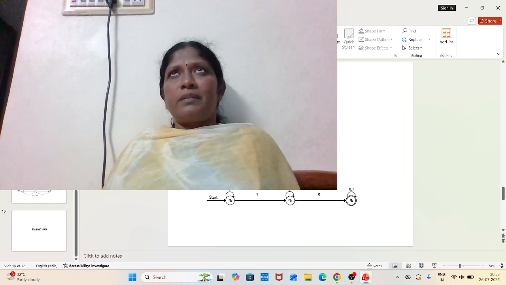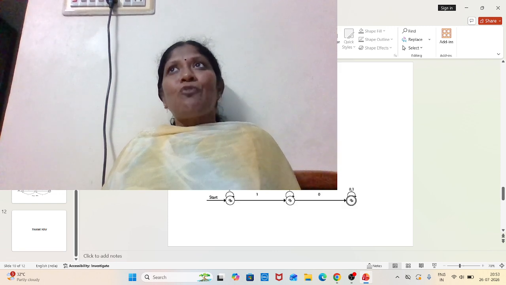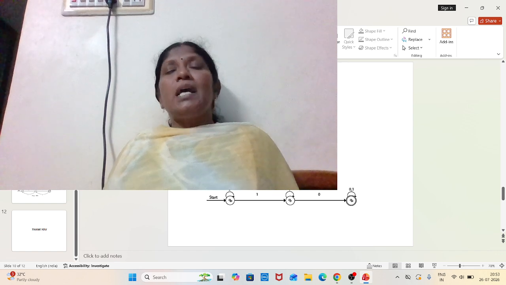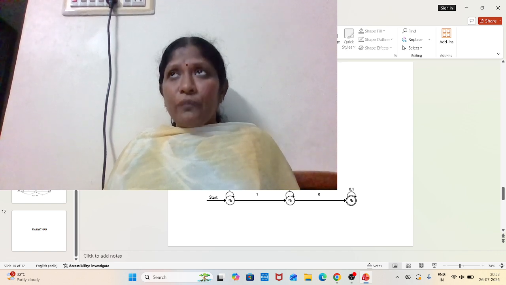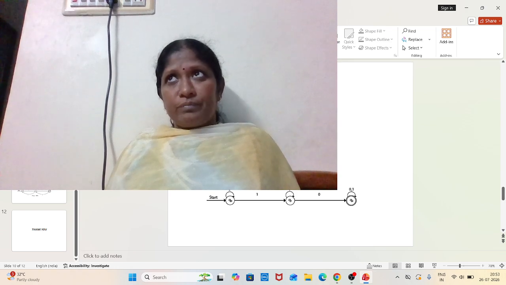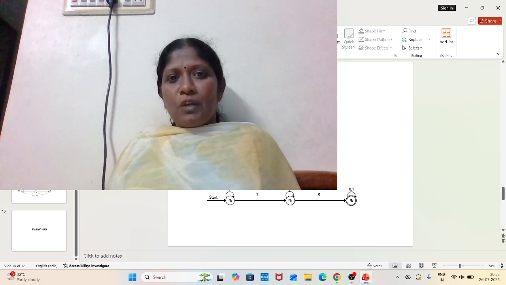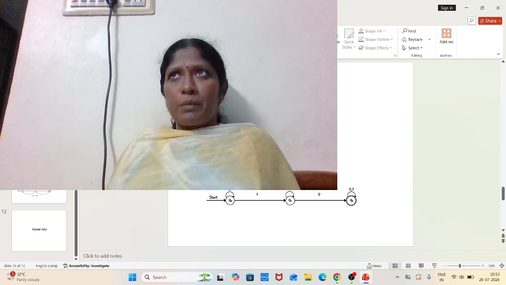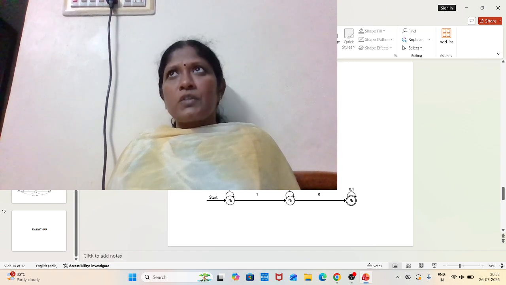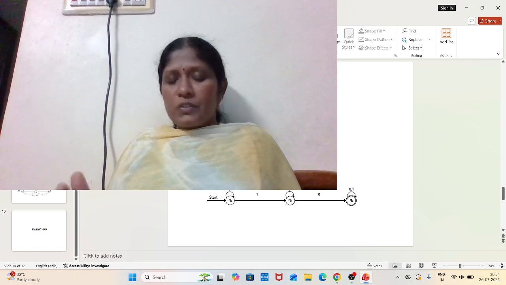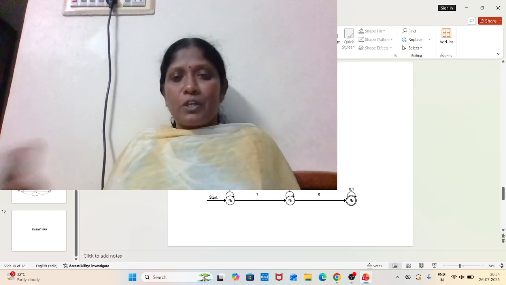Second step, find the transition for the initial subset using the given inputs. Third step, if new subsets are generated during transition, find the transition for the new subsets. Otherwise, stop the process.